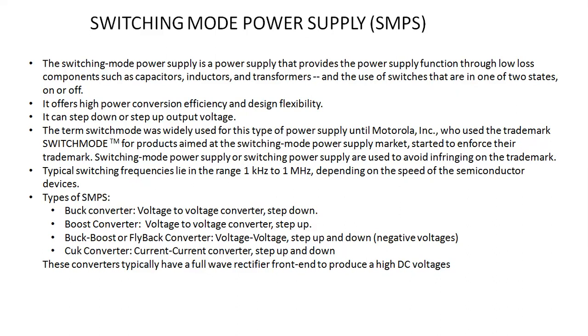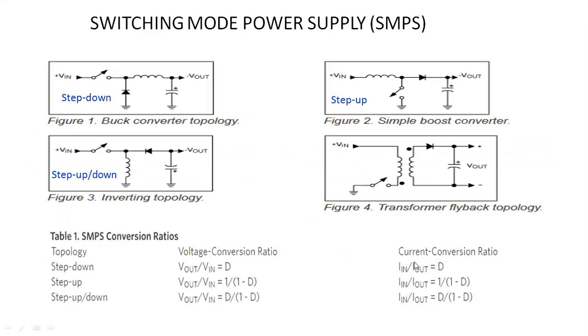These converters typically use the rectifier front end to produce the high output voltage. Here I have drawn the circuit diagram for all the types of switch mode power supply. If we use firstly a switch, after that a diode, and then an inductor and capacitor, we call that type a buck converter.